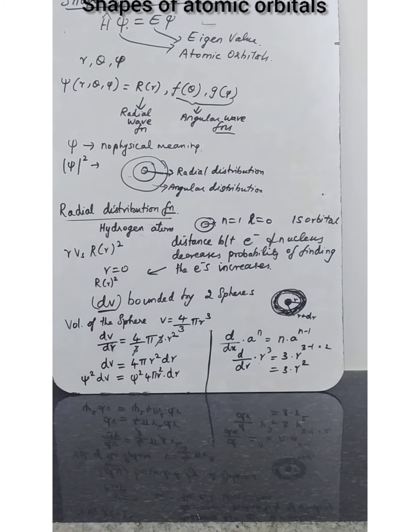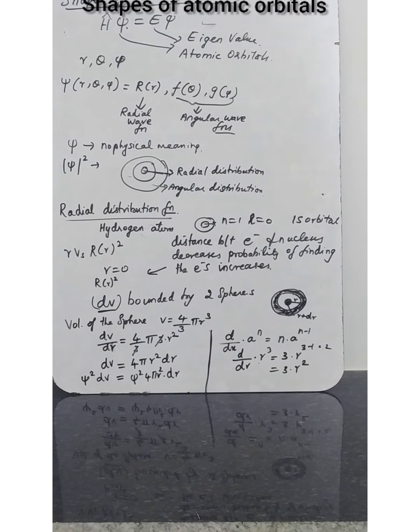However, the probability of finding the electron in a given spherical shell around the nucleus is very important. If the probability of finding the electron is maximum, we can say that is the orbital. Suppose the probability of finding the electron is 0, then we can say there is a node or nodal point.